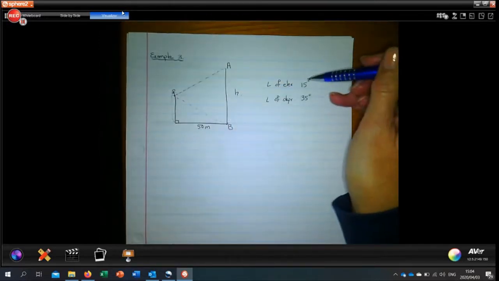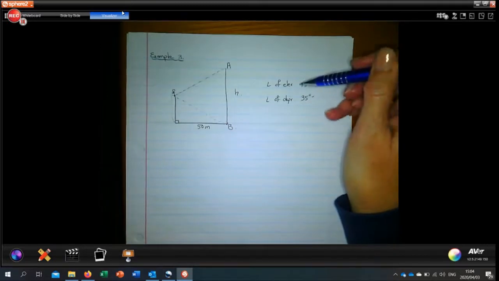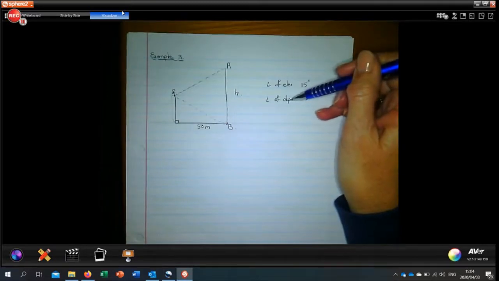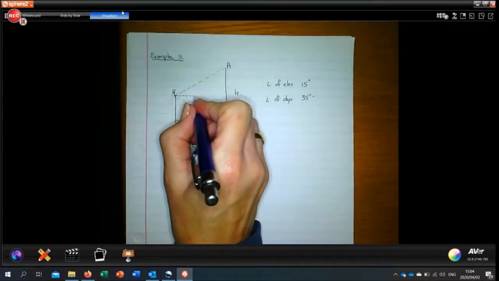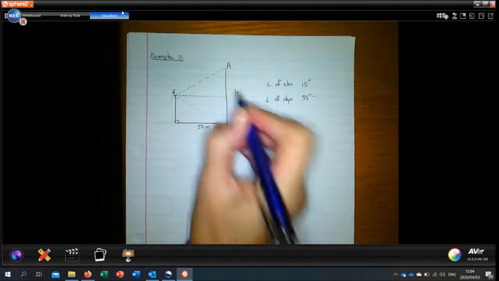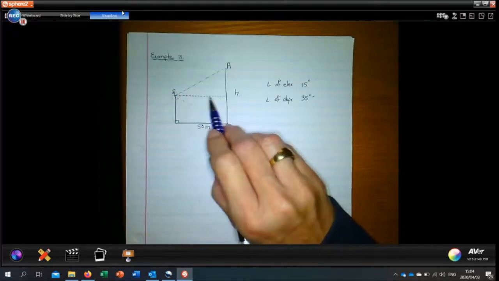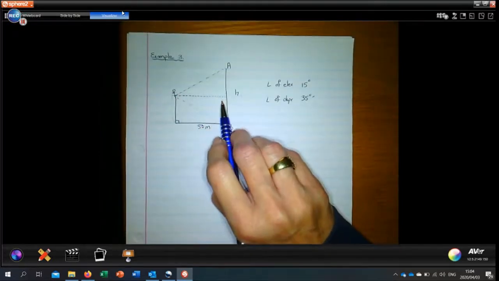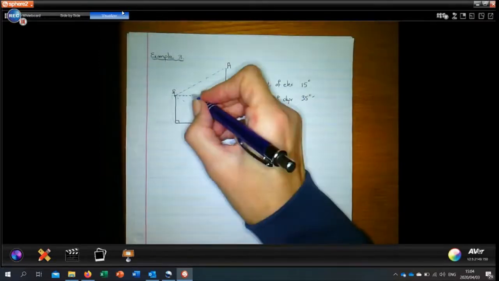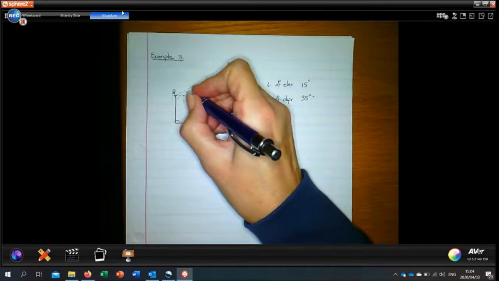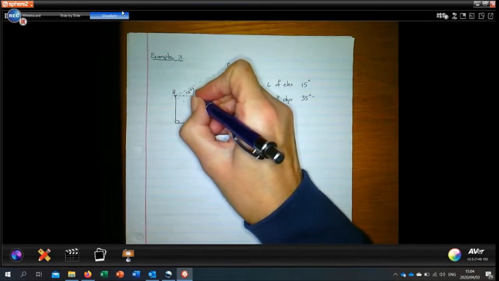So let's do something with the 15 and the 35. Angle of elevation and angle of depression work from a horizontal line. So do you agree that I'm going to fill in my own 90 degree or horizontal line here? And if I do that, I can say that now the angle of elevation is from there to there 15 degrees.